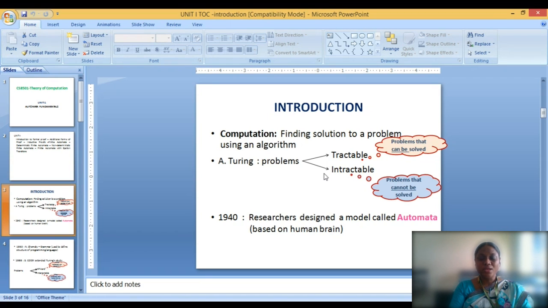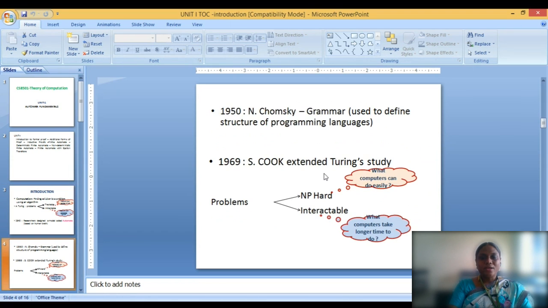And in 1940, automata were designed, like non-deterministic finite state automata and deterministic finite state automata, based on the human brain. And in 1950, Chomsky devised grammars, context-free grammars, which are used to define the structure of programming languages.